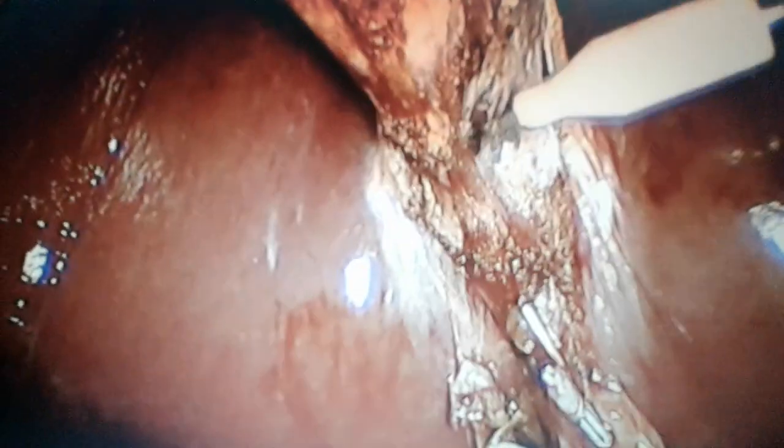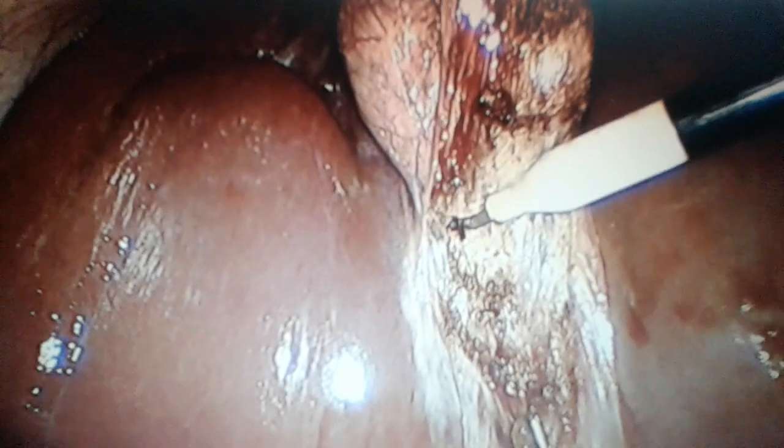And this dissection is being done by pushing the tissue, and the pushing the tissue should be towards the gallbladder, not towards the liver, like this. This is going to help all of us who is involved in operating these type of patients to have a clear plane like this.